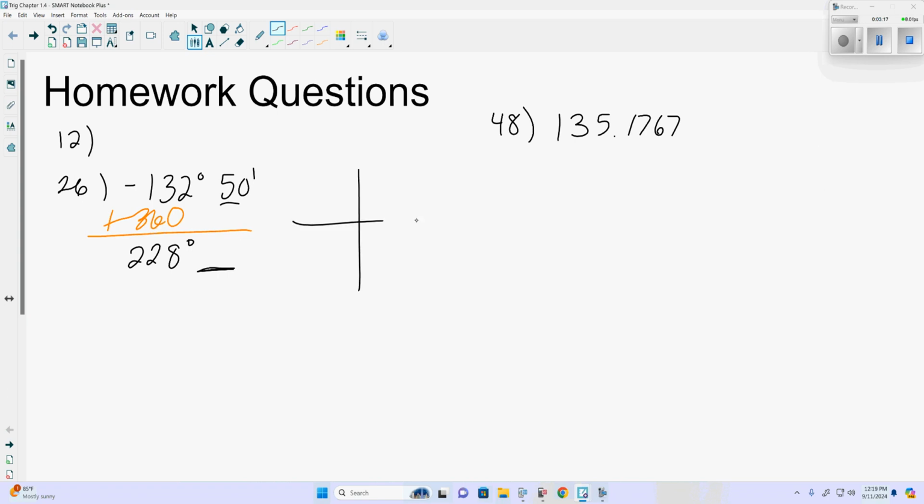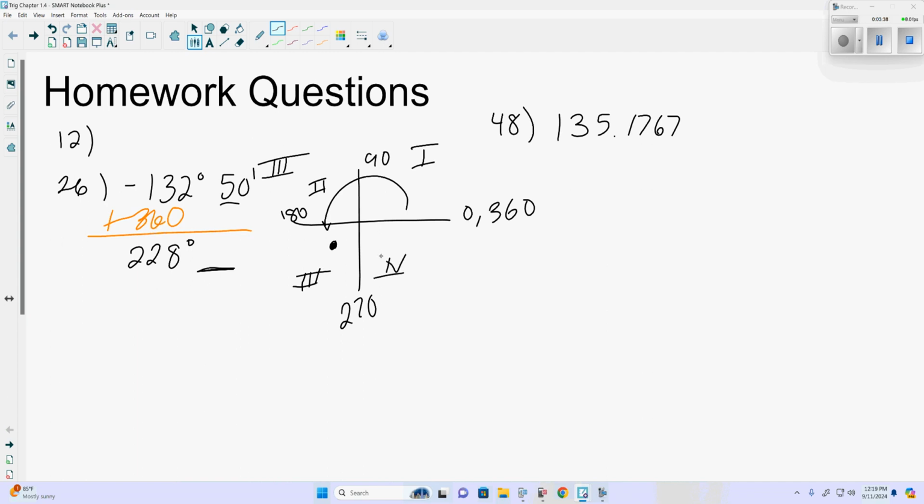In the quadrant plane, 0, 90, 180, 270, and 360. Well, 228 is going to be over here, so this would be in quadrant 3. Because it goes 1, 2, 3, 4.